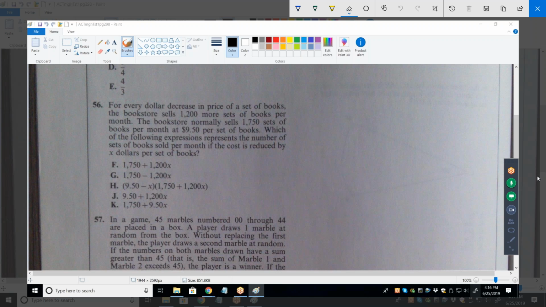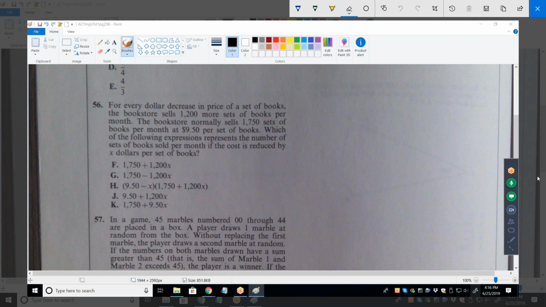Wait a minute. If it decreases by x, so that's 9.50 minus x, that's going to be the cost for each set. Okay, I think it's H. I don't know which it is, but I'm looking where I've got a variable in my question and I have a variable in all 5 answers.